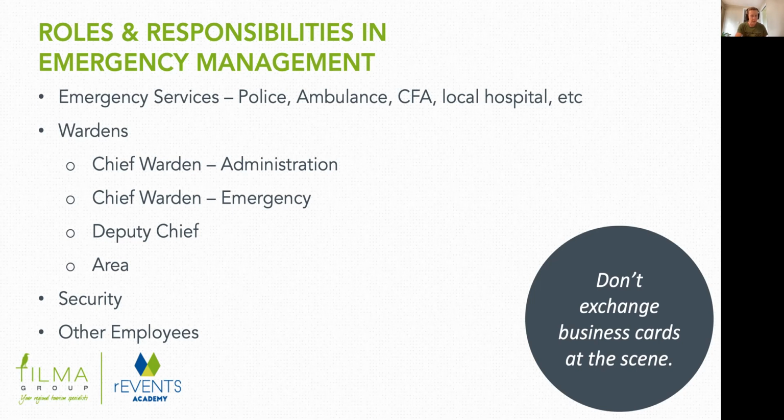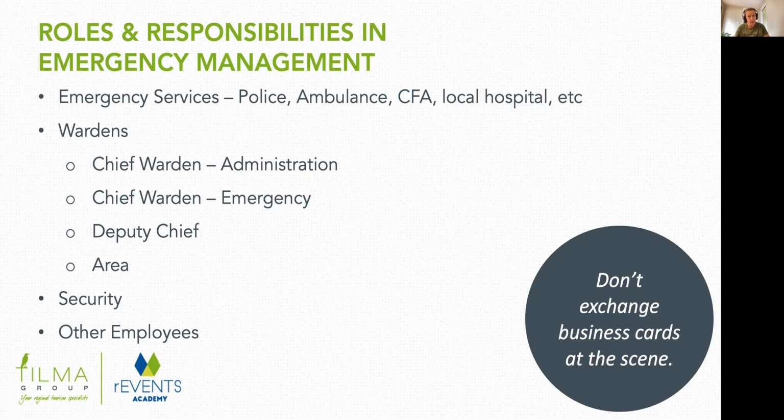So as I said, emergency services, then we have what we call wardens. And typically with an event, this is more your larger scale events. So if we were to say, what are all of the positions? You have your chief warden that looks after the administrative responsibilities. So they manage the emergency management plan from an administration perspective.